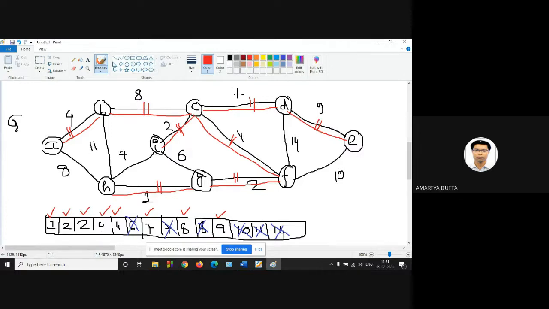And you can find out the weight. So what is the weight of the MST? Can you find out? Any idea? 37.